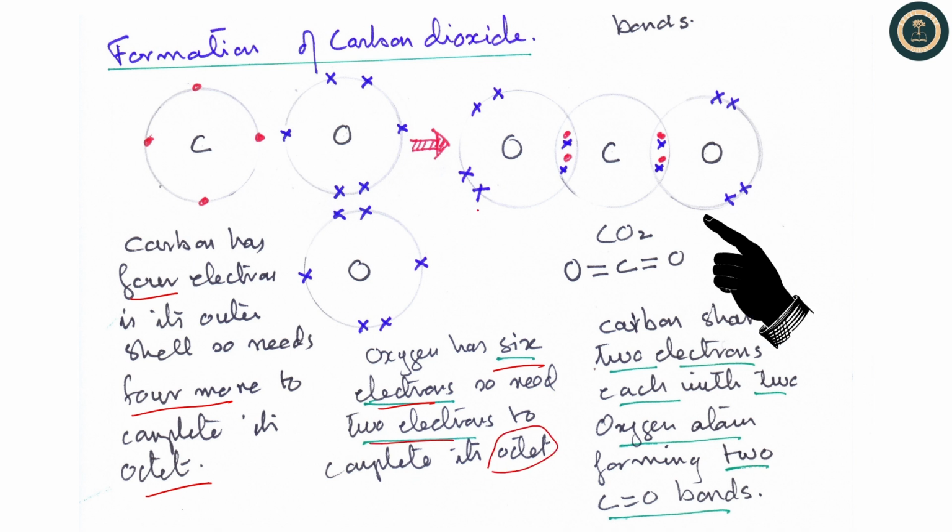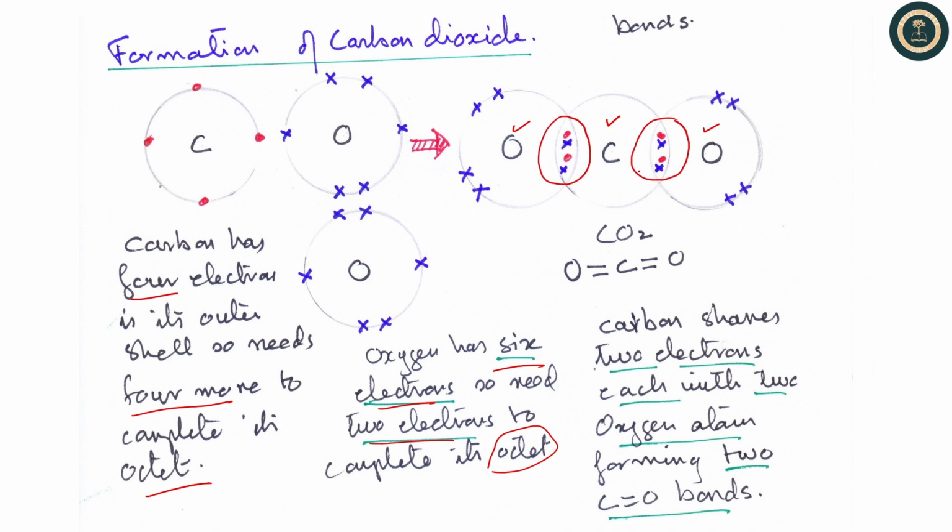So we draw carbon in the middle, and on the right and left side we draw oxygen atoms sharing the common area, and in the common area you can see there are 4 electrons on both sides. That is, carbon is sharing 2 electrons with one oxygen and 2 electrons with another oxygen. So in the bond sharing part, we have 4 electrons each. Therefore we write C double bond O and C double bond O, forming 2 C=O double bonds.